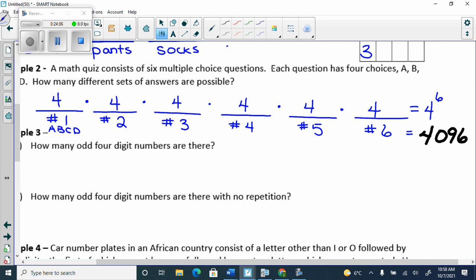You're like, even. You don't listen to anything else I say. You get overwhelmed, then you're like, I'm not going to listen anymore. And then the 2 comes out, you're like, oh, even. It's the last digit that matters, right? So if I ask you for an odd something, that means, indirectly, the last digit must be odd.